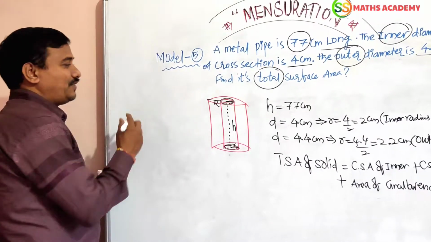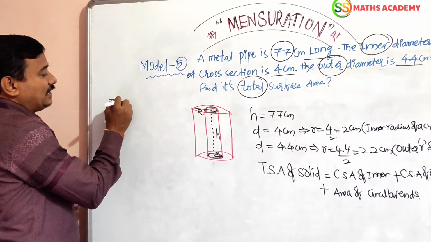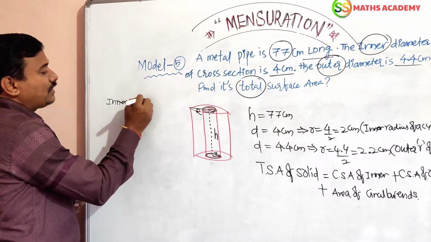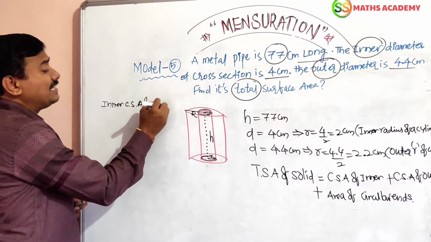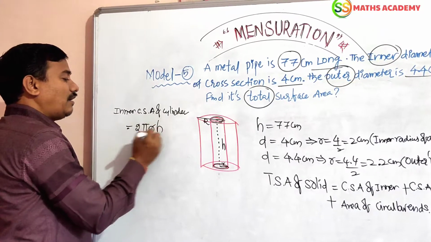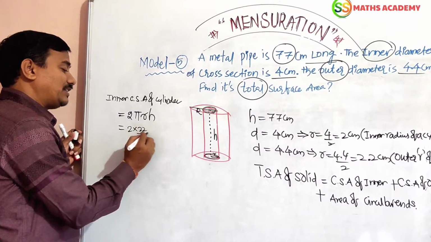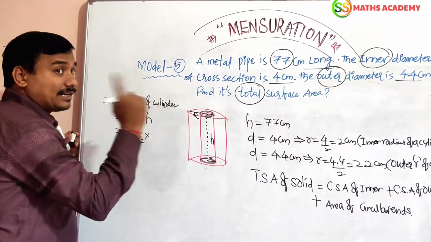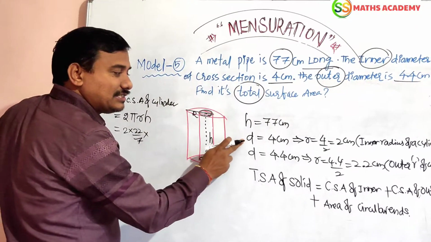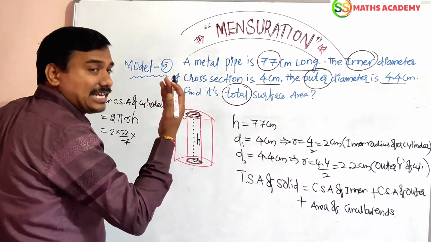Inner curved surface area of a cylinder. You know the formula is 2 pi r h. 2 into 22 by 7, the radius, don't confuse it. This is the radius. Let us think of r as the inner and capital R as the outer.